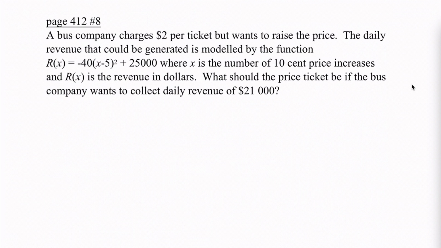It says where x is the number of 10-cent price increases and r of x is the revenue in dollars. What should the price of a ticket be if the bus company wants to collect a daily revenue of $21,000? Okay, so let's start by just rewriting out this function that they gave us.